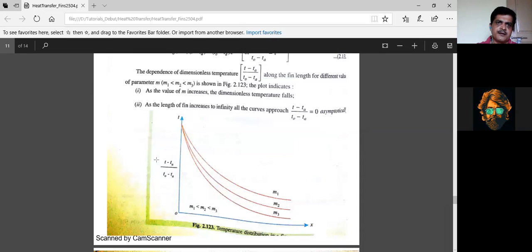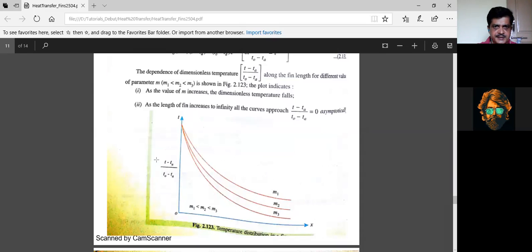Theta naught is nothing but T0 minus TA. Or we can rearrange this as T minus TA by T0 minus TA is equal to e raised to minus mx. They have shown this in the drawing. On the y axis they have taken this. Remember one thing here, this is very important.